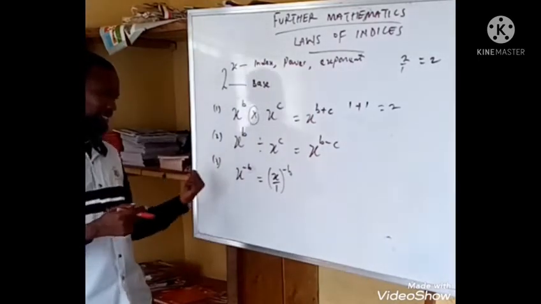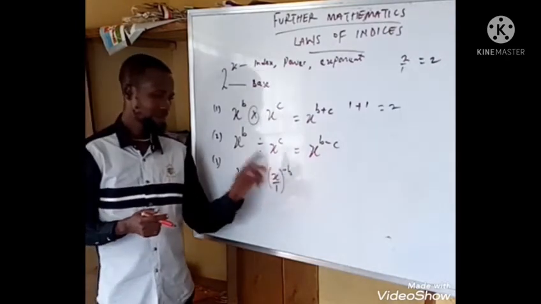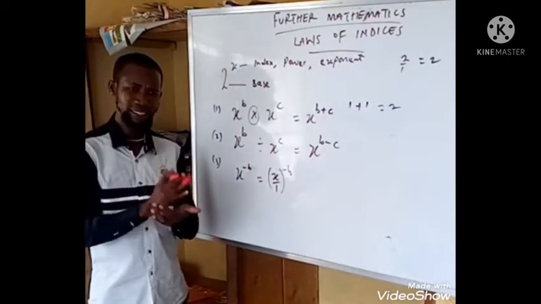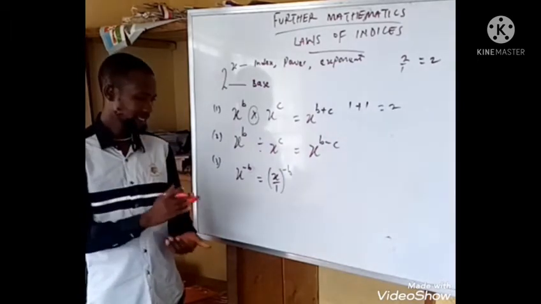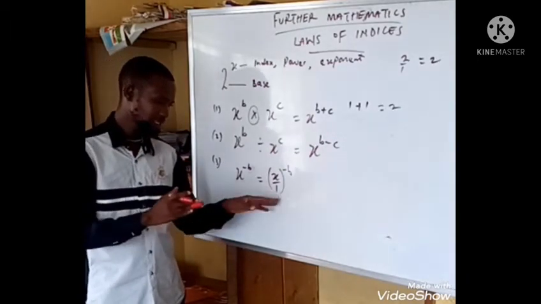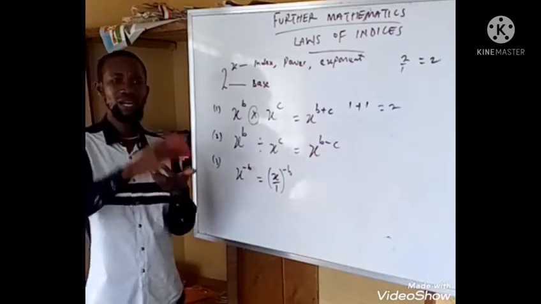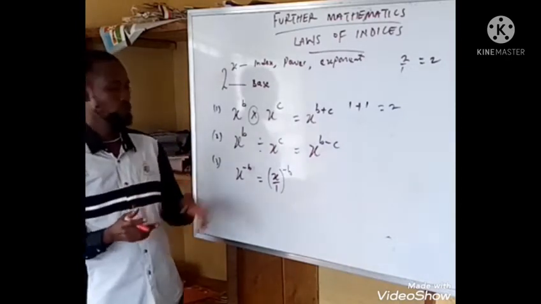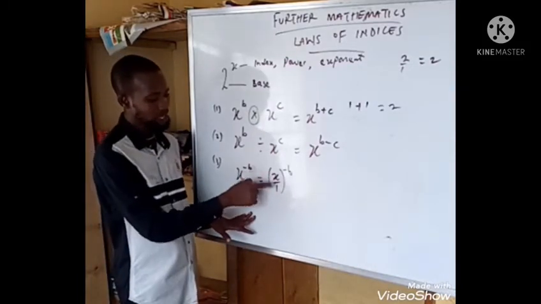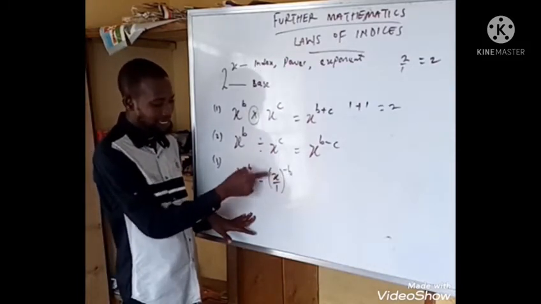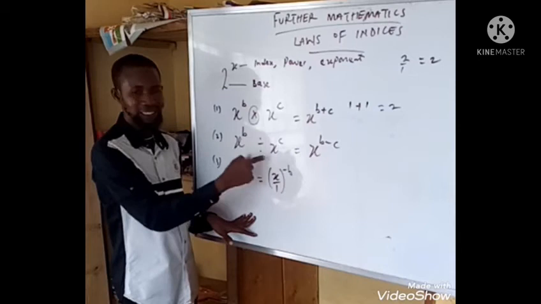Now remember I said earlier on that the power must not be a negative number, but now it's a negative number. So the basic thing we want to do now is how do we eradicate the negative sign. To eradicate the negative sign means that the numerator and denominator in this base, we have to interchange their position.